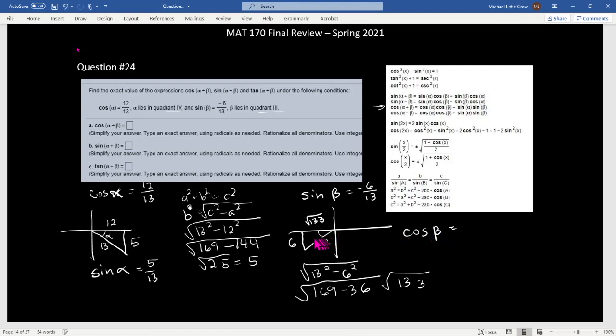Again, here's beta here, adjacent over hypotenuse.